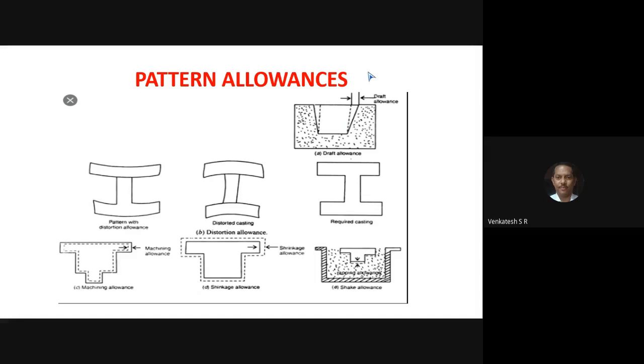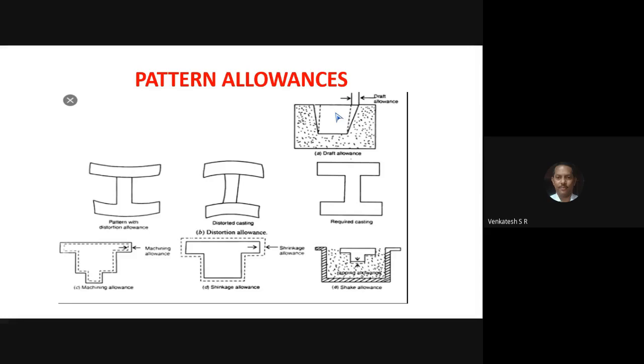Remember, you are all mechanical engineers. Suppose you go for an interview in any foundry, the draft allowance in the sand mold ranges from 1 to 7 degrees. If you provide the draft allowance in the mold cavity, you can easily lift the pattern from the sand mold.